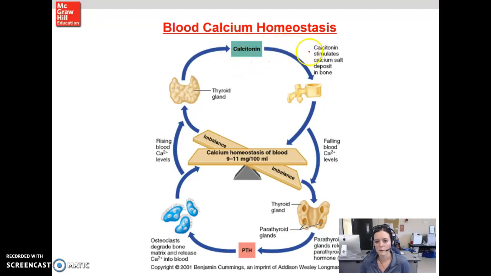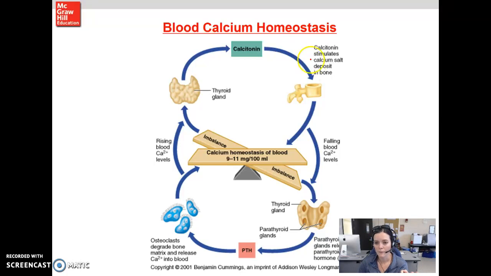What it's going to do is stimulate calcium deposit in bone. Now the question I need to ask you is, what type of cells would be activated by calcitonin? Osteoblasts, osteoclasts, or osteocytes?